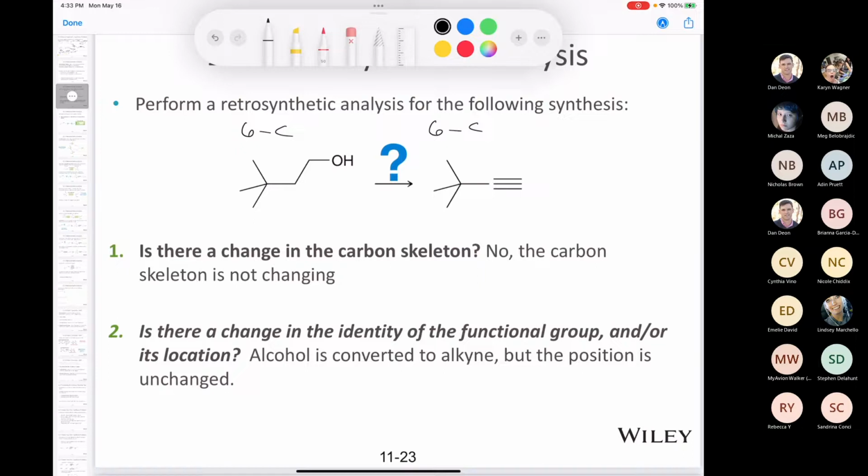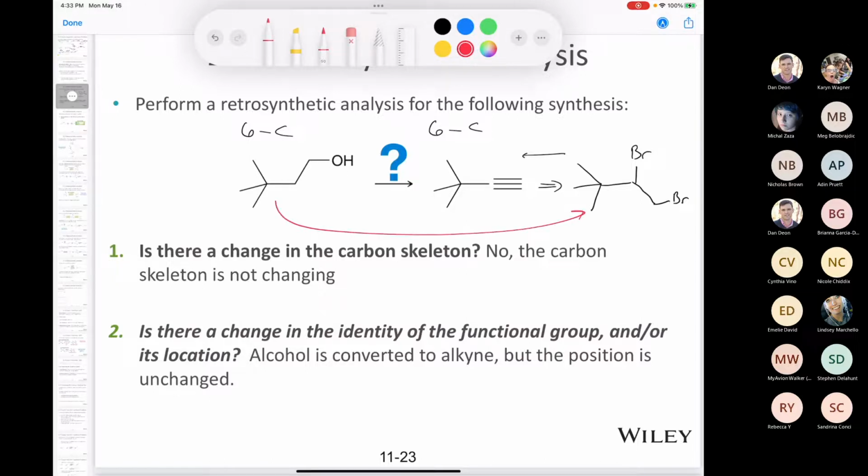Therefore, the only possibility in this class, at this point, would be that you would have to have a vicinal dibromide. And you could take that and treat it with excess sodium amide, followed by H2O, and that would give you the terminal alkyne. So now you've solved the last step of the problem, and now the problem becomes, how do I go from here to here?